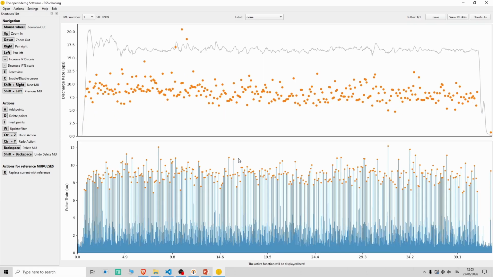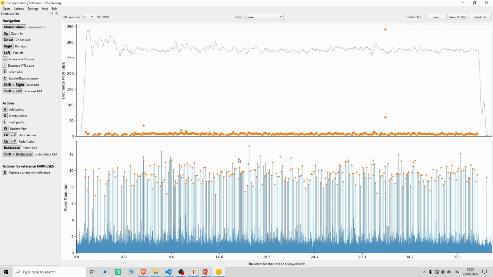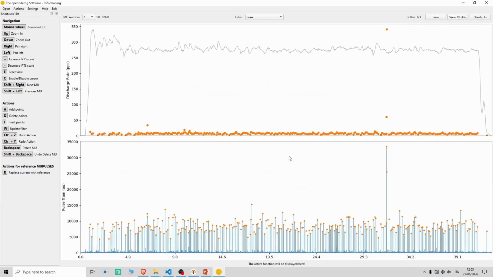Now, let me see if I can find a more interesting motor unit, for example, for motor unit cleaning. And you see that here there are a few spikes that are discharging at very, very high frequencies. Of course, we will need to understand which one is the problematic one.